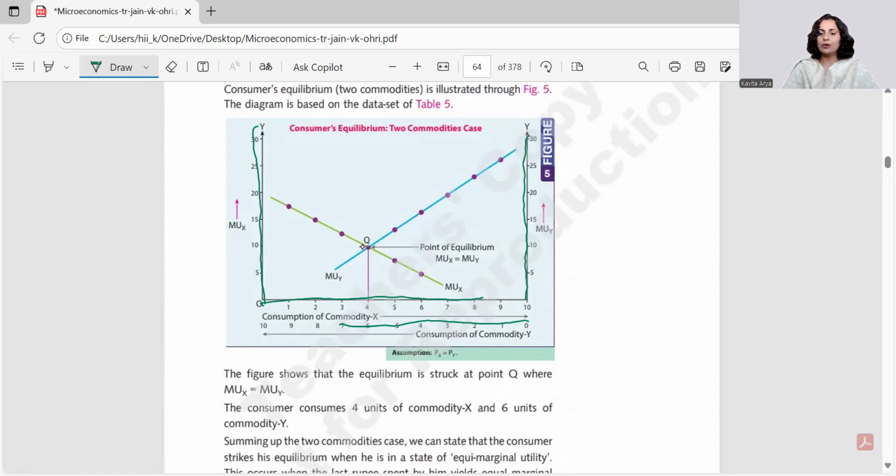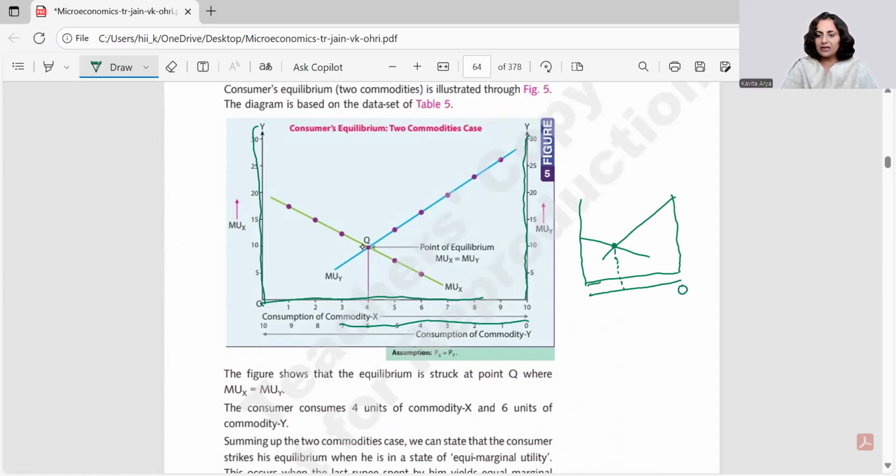So how do we do it? We try to make it this way. So this is X, and for Y, this is the vertical axis, and we just try to showcase the horizontal axis beginning from this. So wherever we have two downward sloping curves, because MUs always go down by default, wherever they intersect, we just drop it down on the X as well as Y axis.